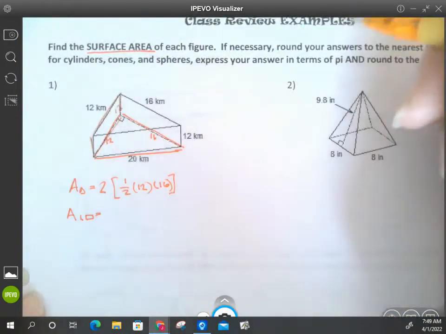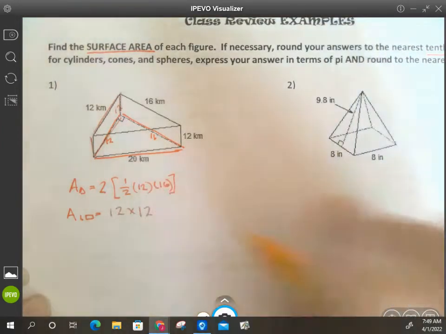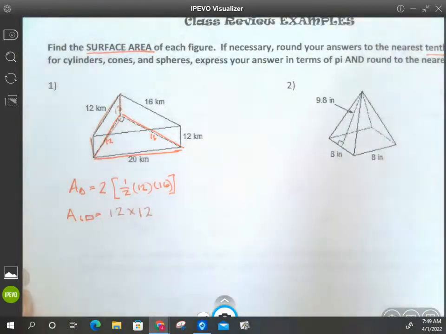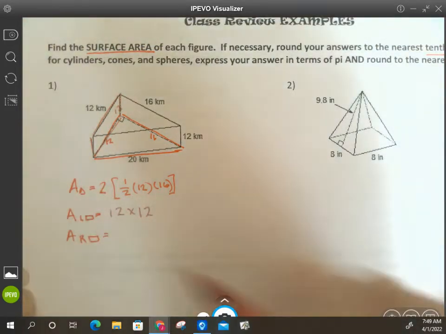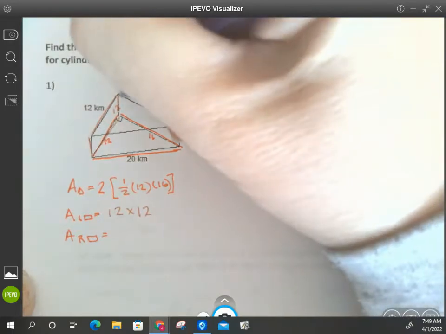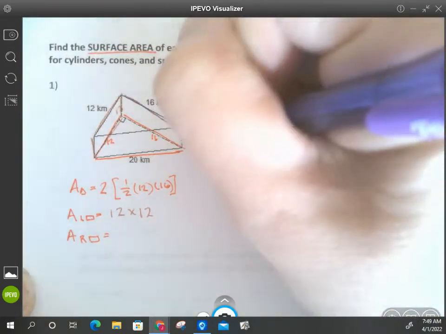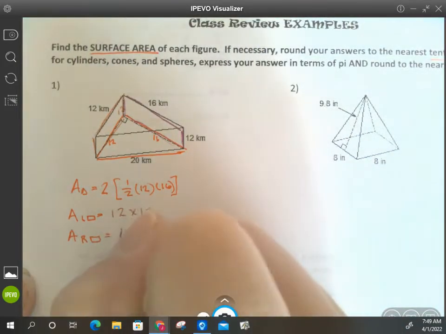Doesn't look like it's drawn to scale, does it? So that left rectangle is 12 by 12, so we'll find that area. And then we need to find the area of the right rectangle. Okay, so what is that? Yep, right here. See it? That is 16 by 12.